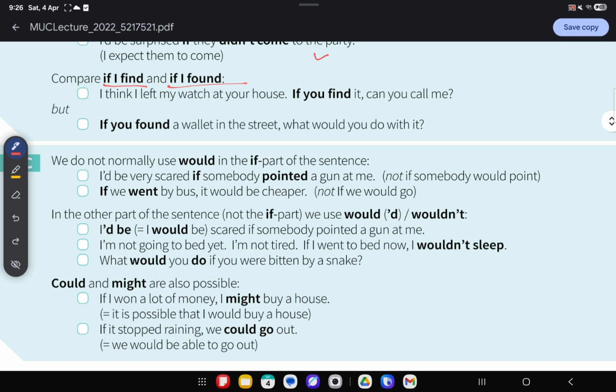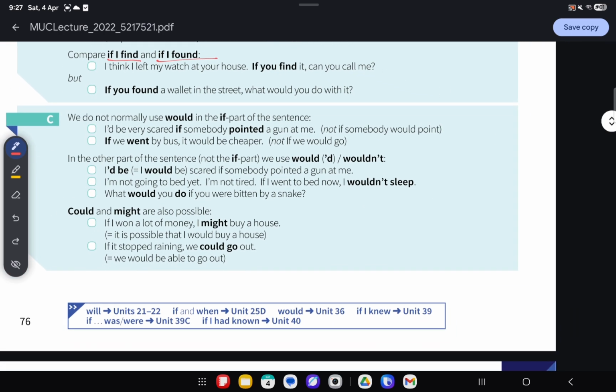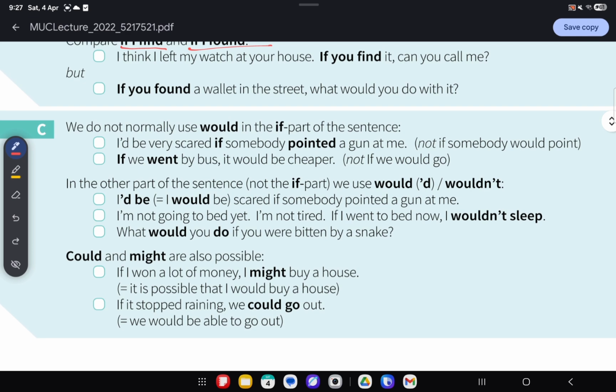We use it for something we decided earlier, and for something that is not possible, that we expect will not be possible. For those sentences we use if with the past form. We do not normally use would in the if part of the sentence.